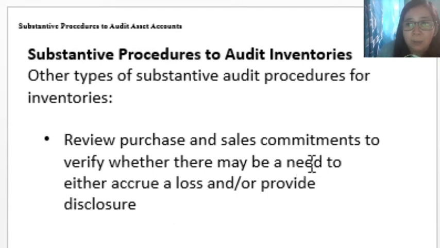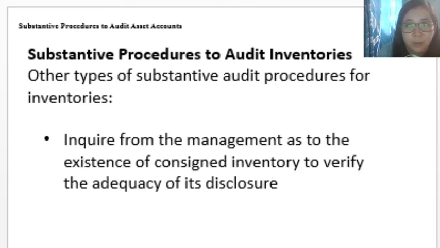Commitment meaning it will be done in the future. So there are accounting procedures that are recommended or required by the standard to account for such transactions. Here the auditor can determine if the entity followed such guidelines and if they provided as well the disclosures required for such items or transactions.